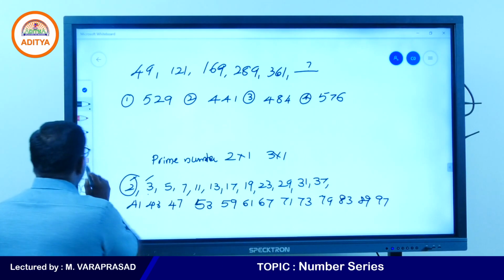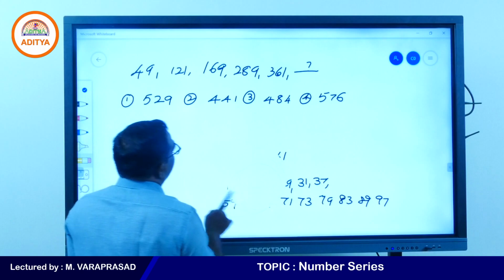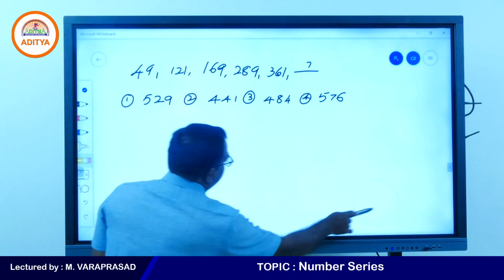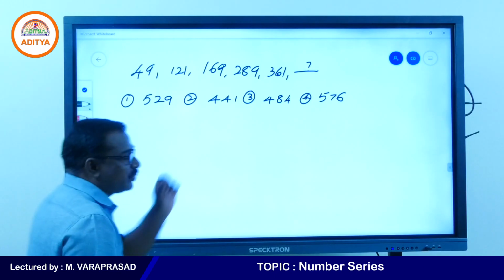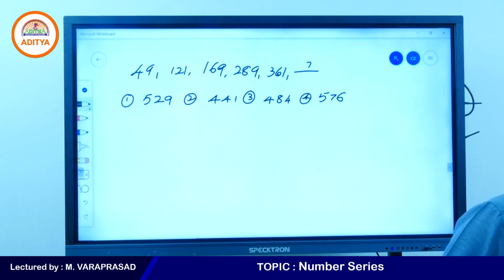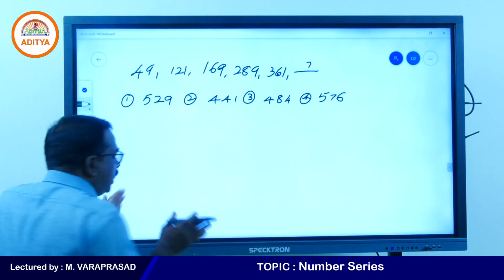Now see, the question is given here: 49, 121, 169, 289, 361, and what is the next, the question mark? The questions we are doing are only on prime numbers. All the questions we discussed today are on prime numbers.